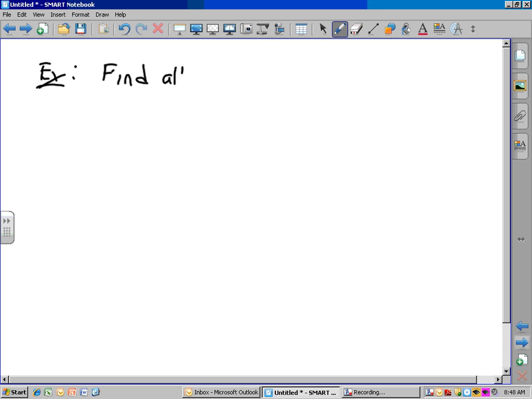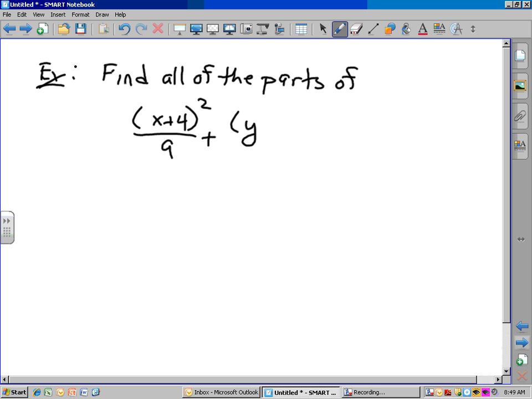Find all parts of (x plus 4) squared over 9 plus (y minus 3) squared over 25.